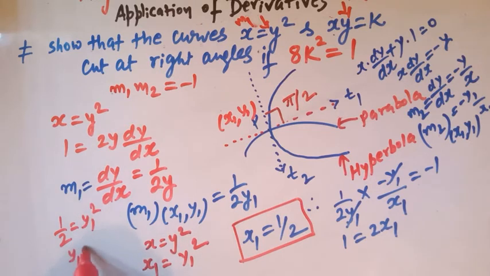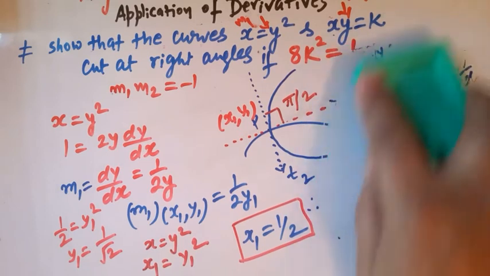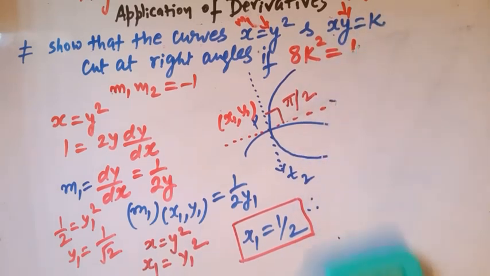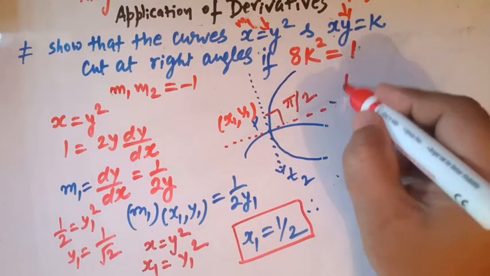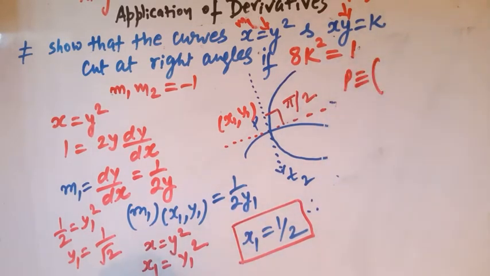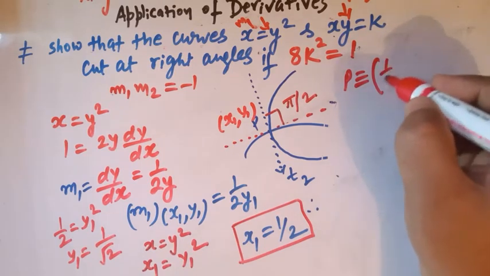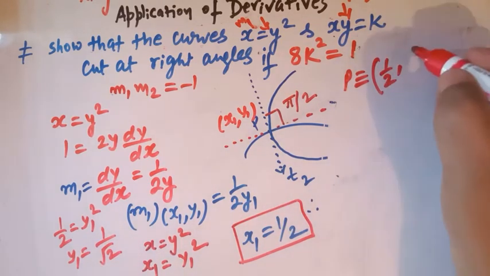So y1 is equal to 1 over root 2. Clear? So the point of intersection P has the coordinates half and 1 over root 2.